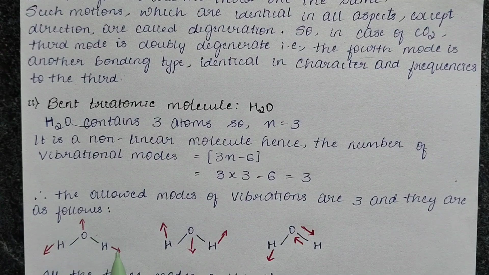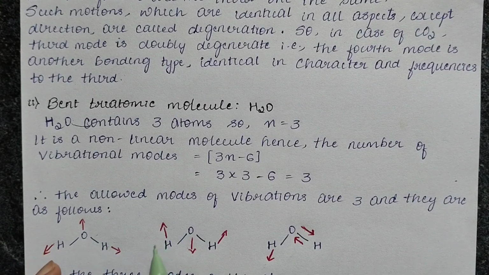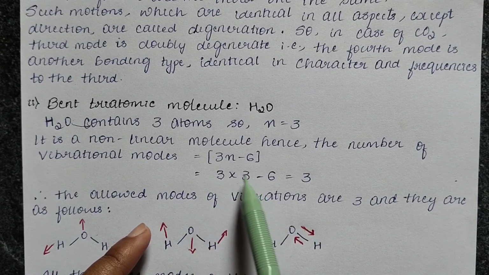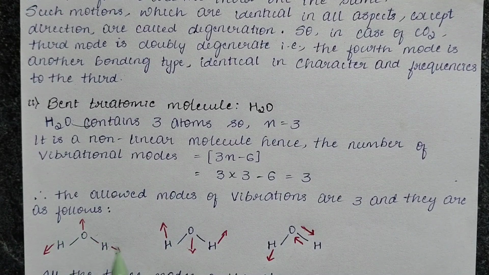Here we can see both the hydrogen atoms are moving in the opposite direction to the oxygen, and obviously when they move, the oxygen will tend to move upward, so that it maintains a symmetric structure and the hydrogen bond does not break.